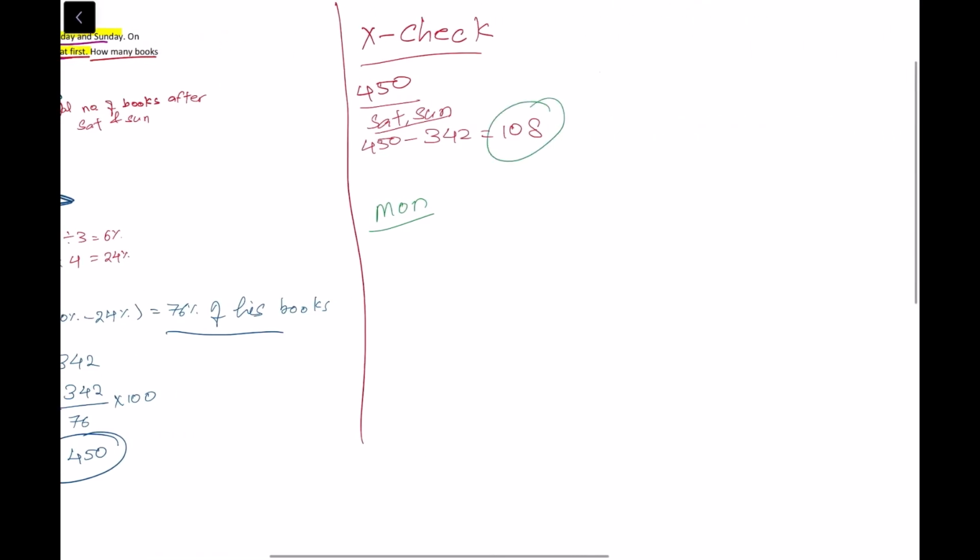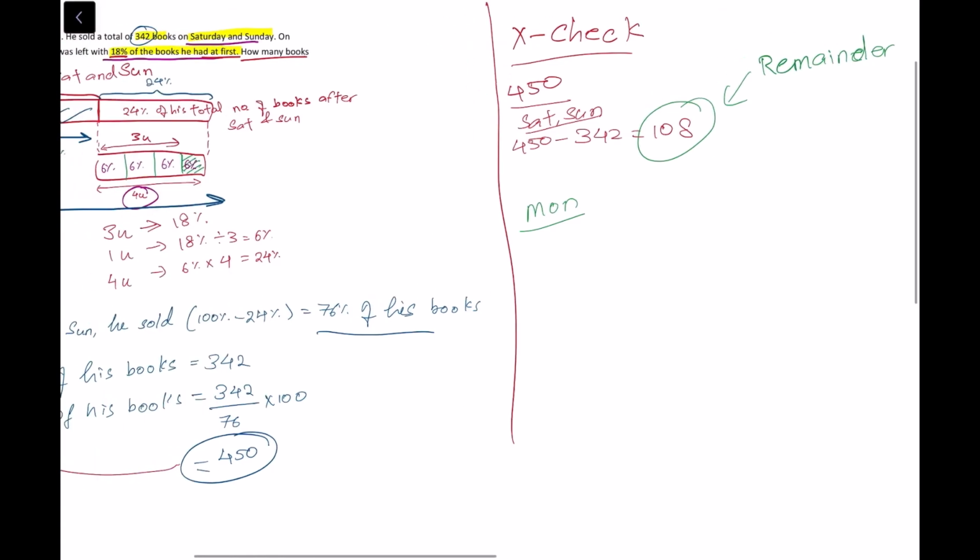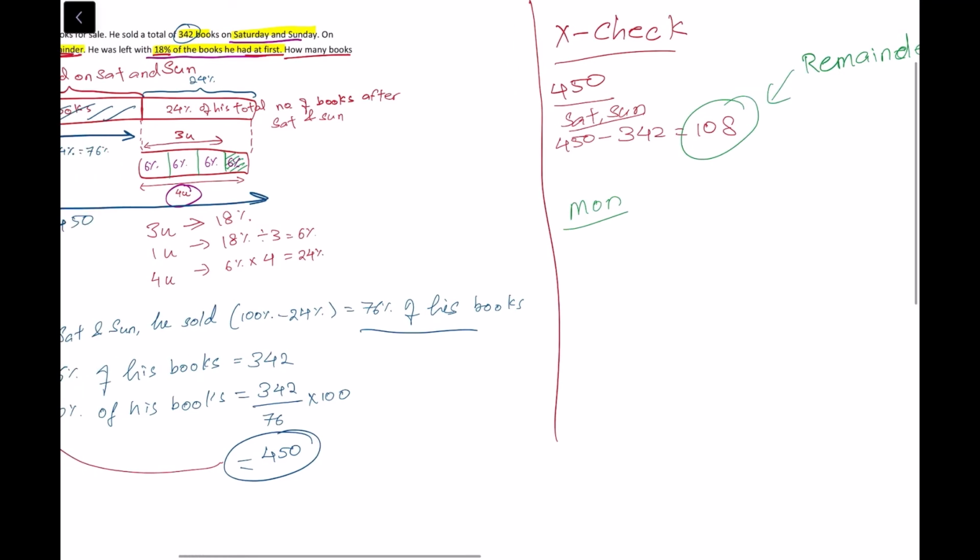The remainder is 108, so 1/4 of 108 is 27.